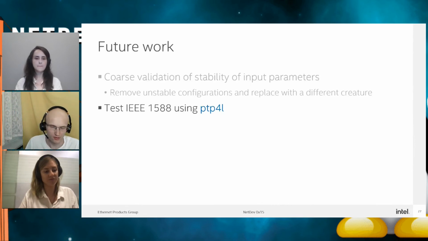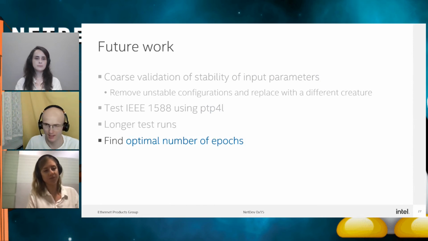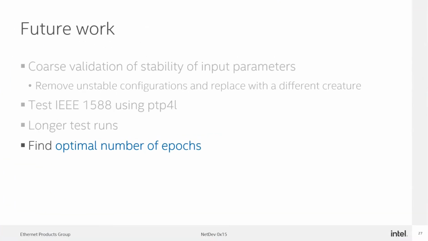Then we will rerun the same framework using PTP4L, do longer test runs, and try to find the optimal number of epochs, because, as we've seen on the previous slide, even 3 epochs were enough, but we want to look closer at how many we need.